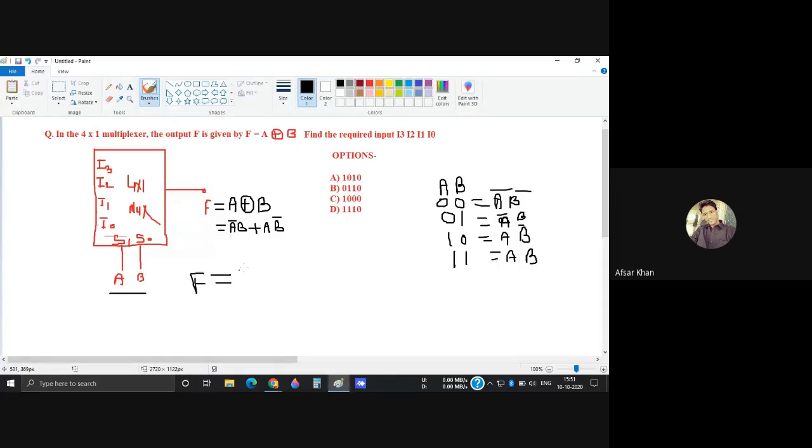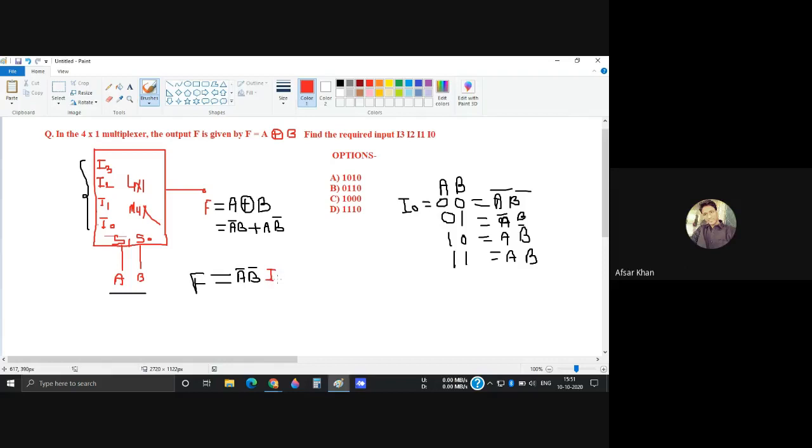So we will write the expression like this. When AB are 0 0, that means A bar B bar. Tell me which input is selected from I0, I1, I2 or I3 when it is 0 0? I0 will be selected.